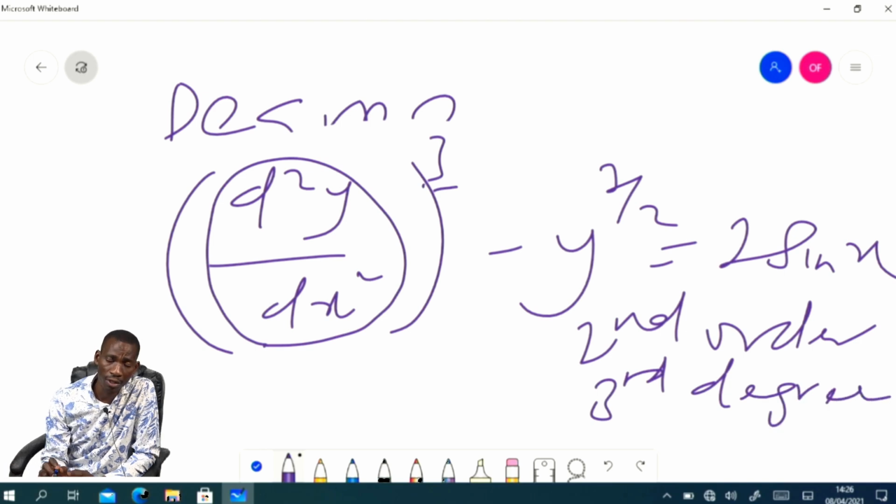So the degree of a differential equation has to do with the index on the highest order derivative present in an equation.